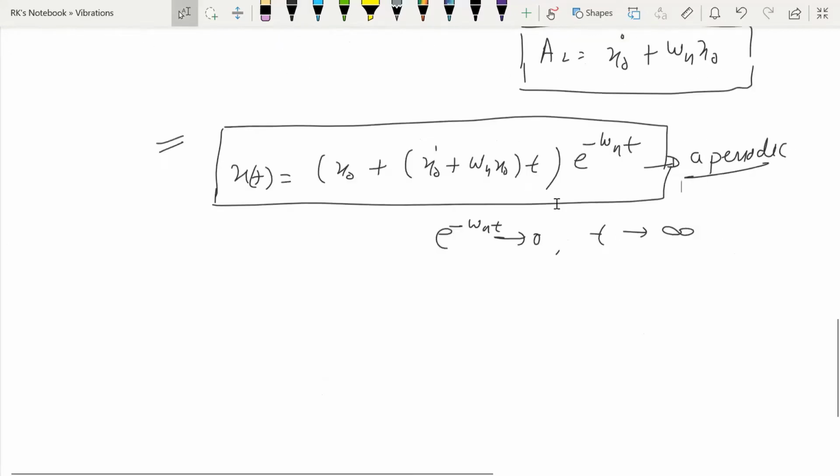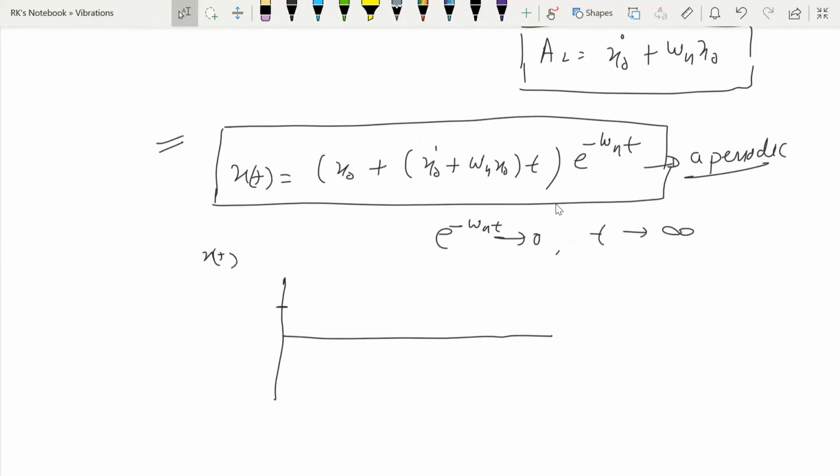So it means if we are exciting or starting the vibration of a critically damped system, and we are giving the initial displacement, this is the graph between x(t) and t. If we are giving this much initial displacement and we are giving initial velocity, then this will be something like this.